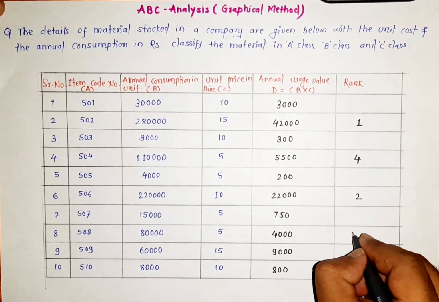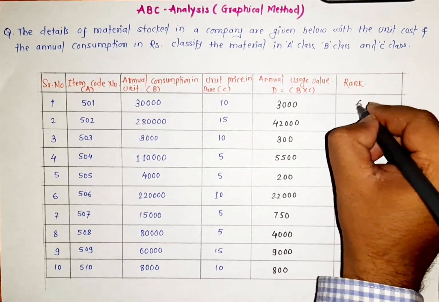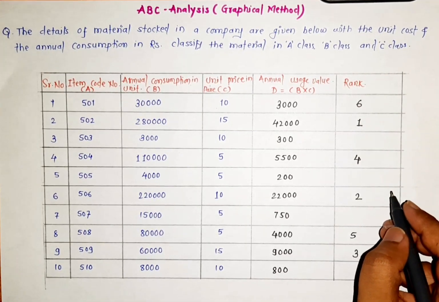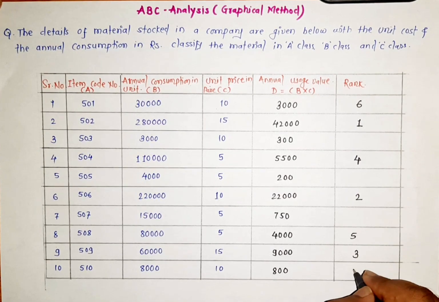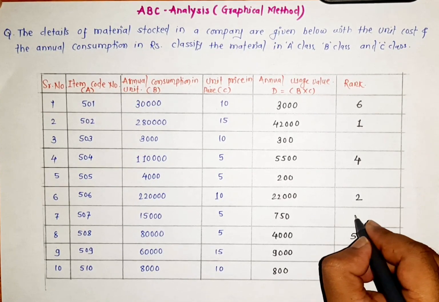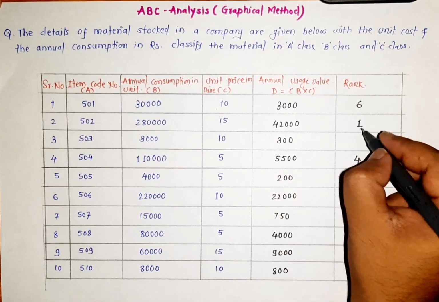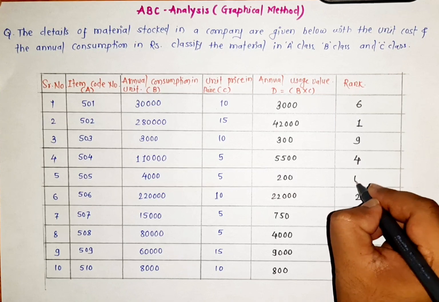Then 4,000, it will be fifth rank. Then 3000 will be 6th rank. Then we have 800, it will be 7th rank. 8th rank will be 750, this will be 9th rank, and this will be 10th rank.